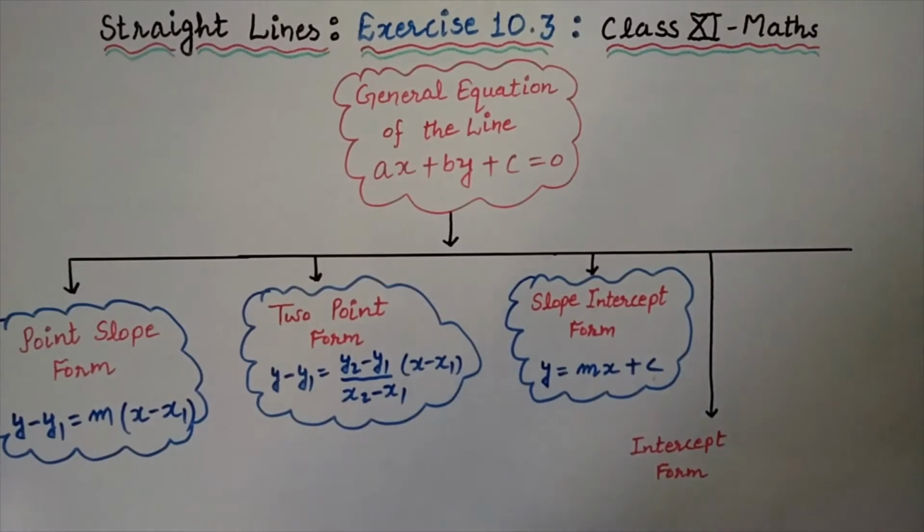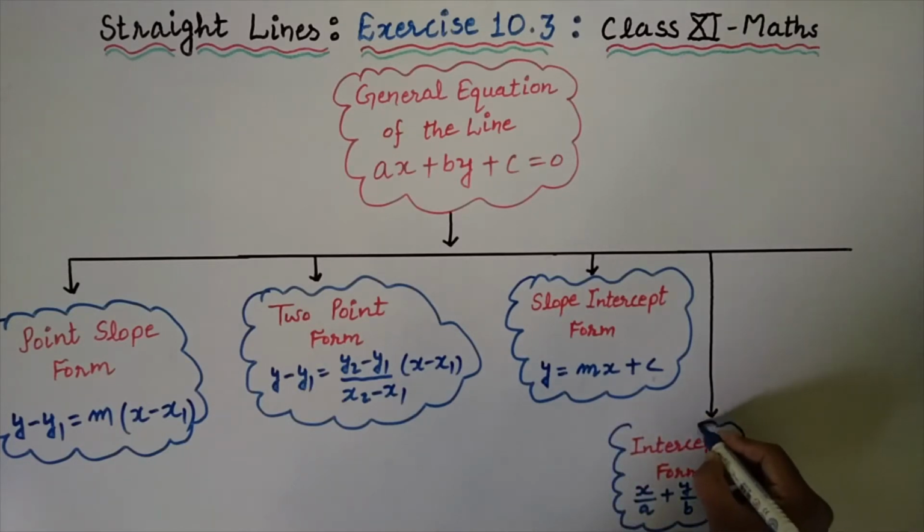Next one is intercept form. So this is written like this: x upon a, that is x intercept is a, plus y upon b, that is y intercept is b, is equal to 1. So this is the intercept form of the line.